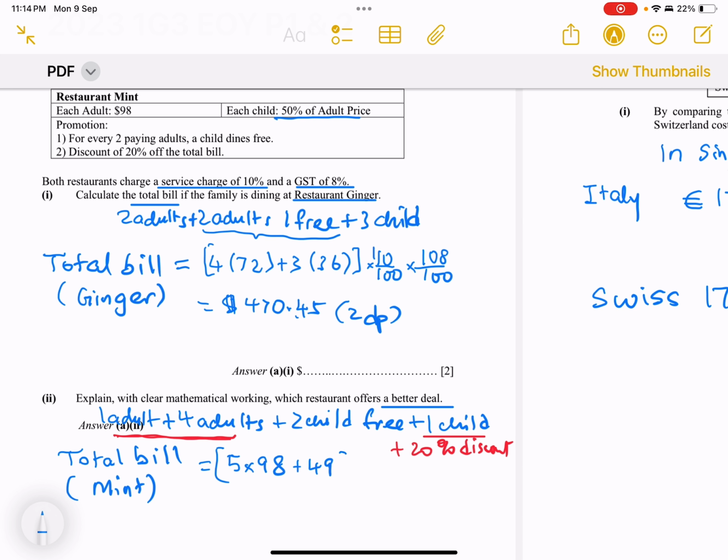So this one again is subjected to 10% service charge, and then 8% of the whole bill, and that works out to $512.27.